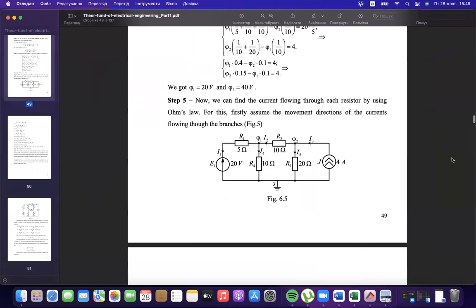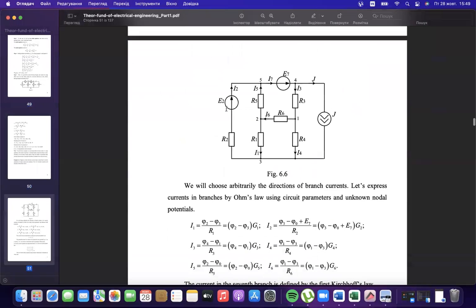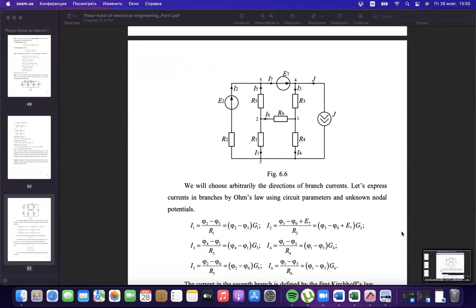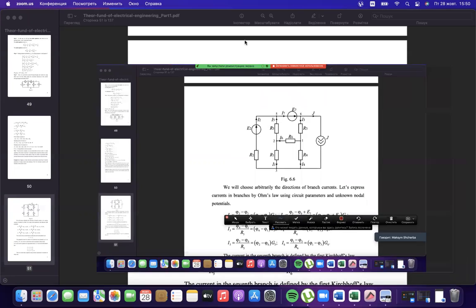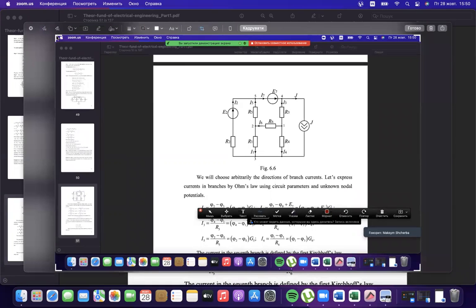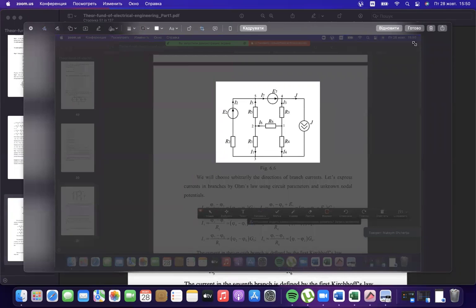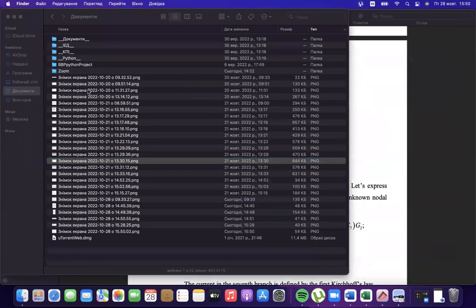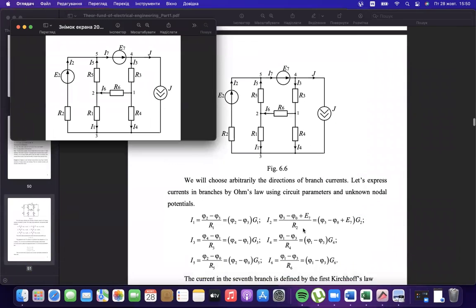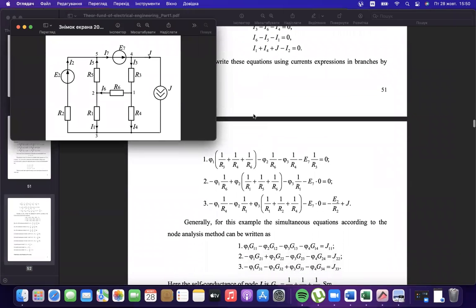The last example for today, just to see how it is implemented for this equation. You are choosing 0 potential here. Let's make the picture. Just 2 minutes and we will finish for today. You are writing 0 potential here.